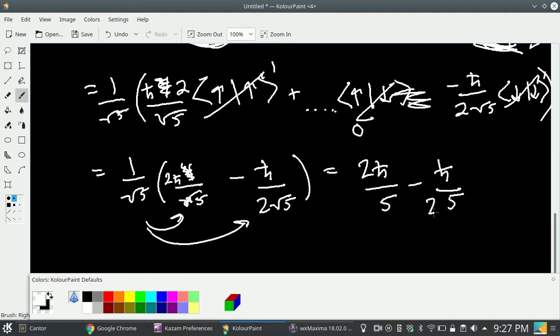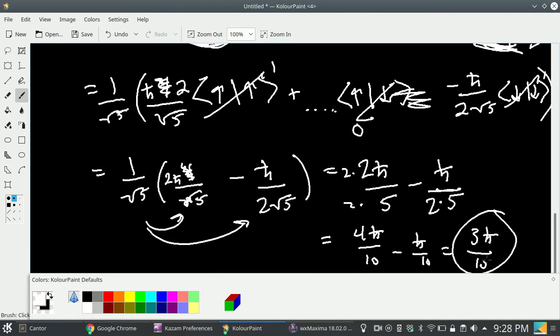So 2 times 5. Okay, good. So here, I'm going to multiply this by 2 and this by 2. So 4h bar over 10 minus h bar over 10. So that's 3h bar over 10.